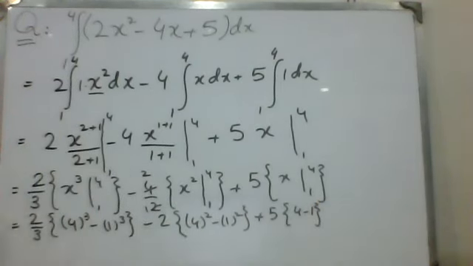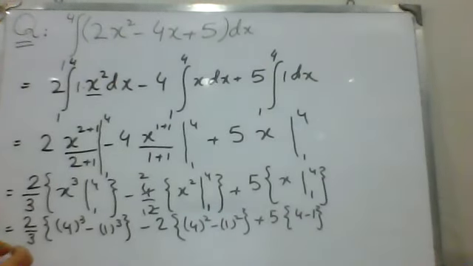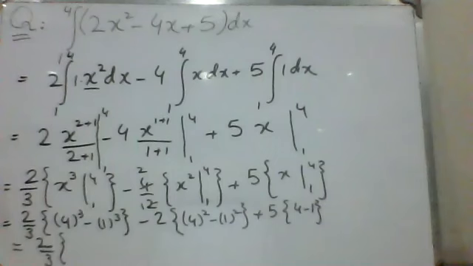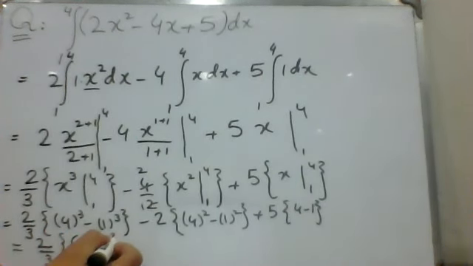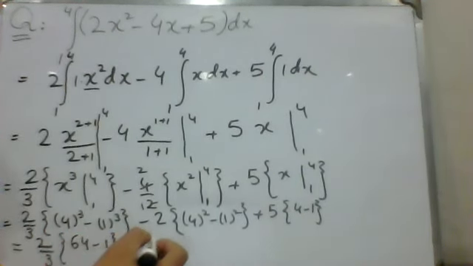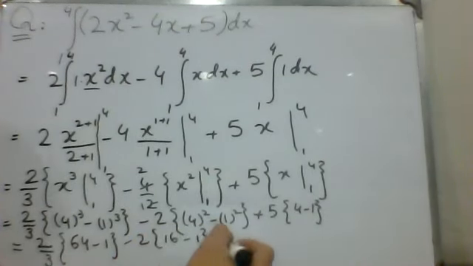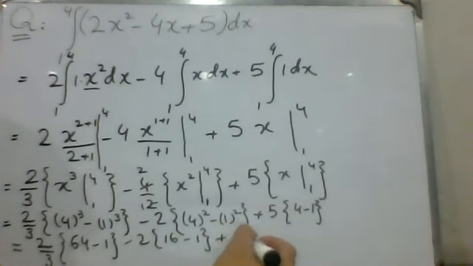So that is our number. Now we simplify further and find the solution. 2 divided by 3, and here 4 power 3 is 64 minus 1, minus 2, 4 power 2 is 16 minus 1, plus 5, 4 minus 1 is 3.